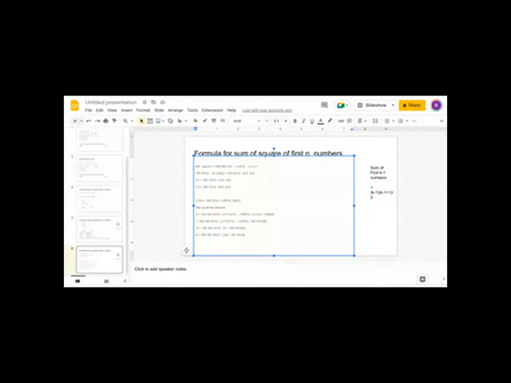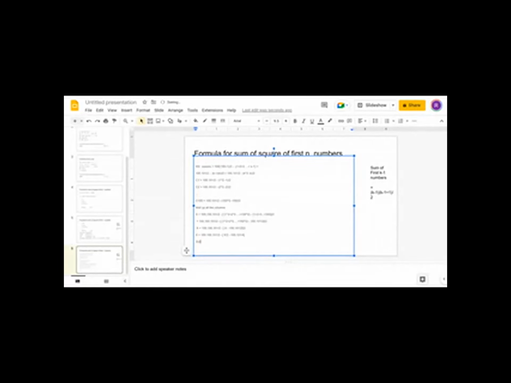What will happen if I take this x by 2 to the other side? So x plus x by 2. Yeah. How much is that? X plus x by 2 is how much? So 3x by 2. Exactly.